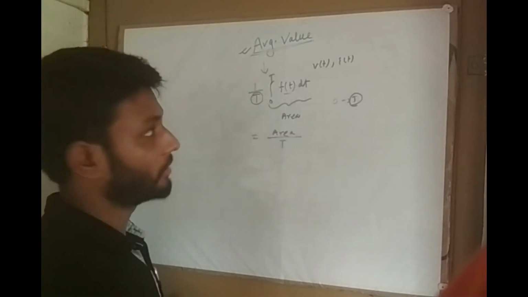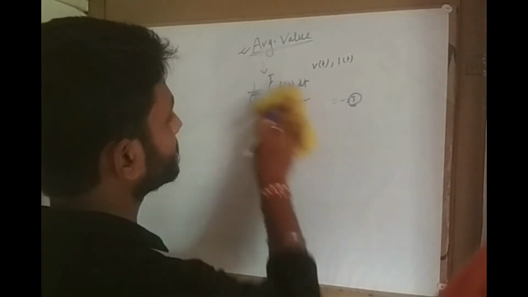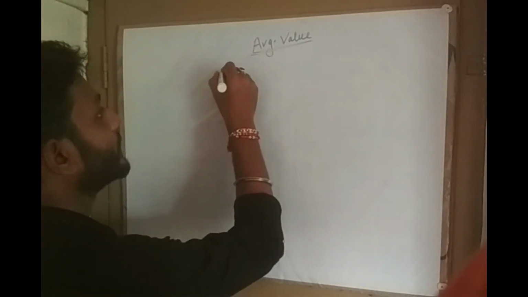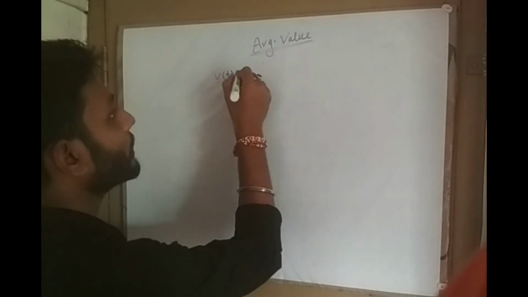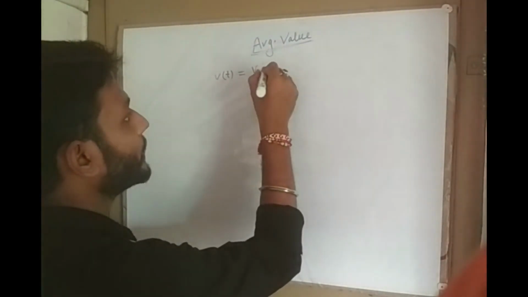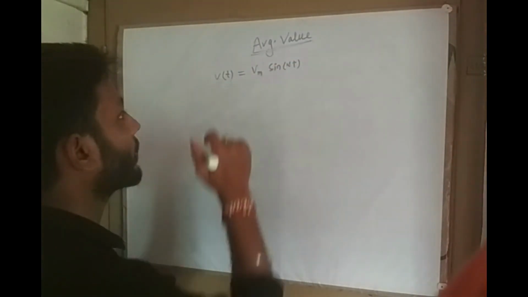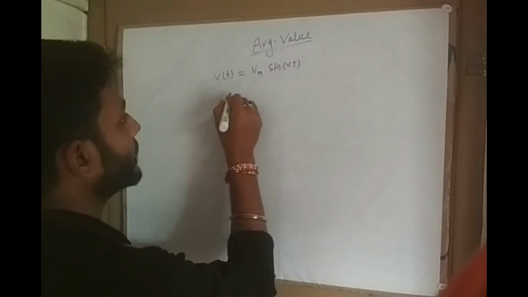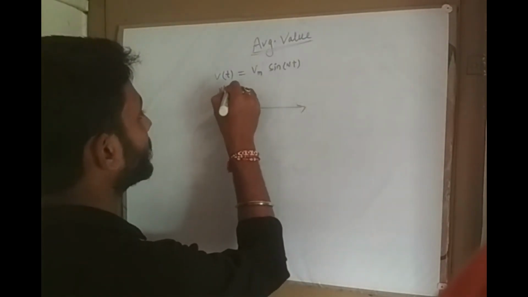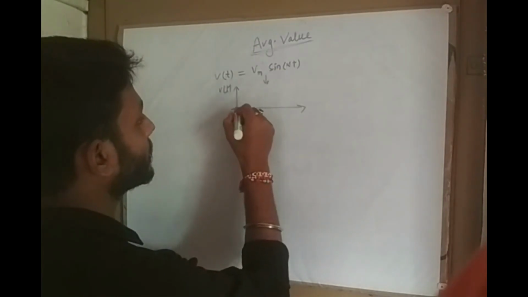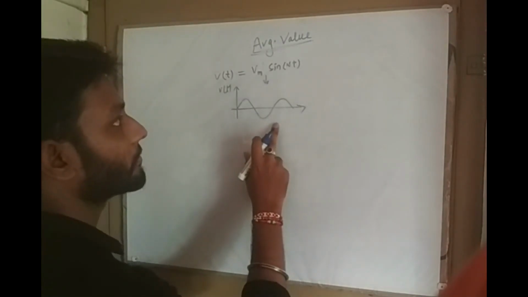Just like the RMS value, if we take a voltage signal V of t equal to Vm sin omega t, it may be given in a numerical problem, or it may be given in terms of a wave shape also, like this.